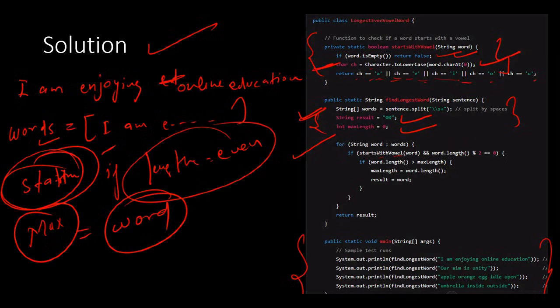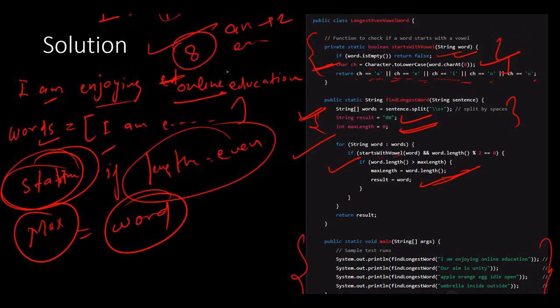If the word length modulus 2 is 0, that means it is even. We check if the word length is greater than the maximum length. If it is, we update the maximum length and store the word. Easy. First it will store I as 1, then am will come and it will store am as 2, then enjoying will come and it will store 8 as length and enjoying as word.